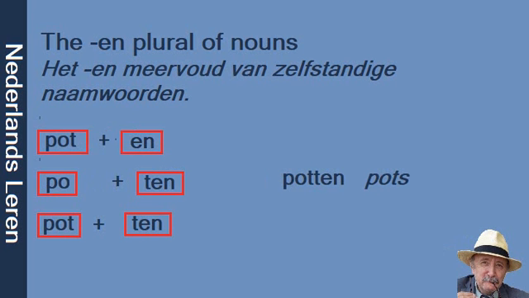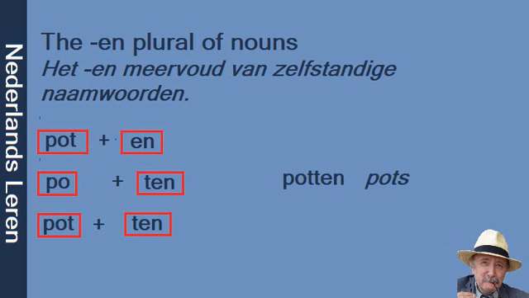Here we have a noun, pot, a kettle, or a pot, or pots. If we add -en at the end and read the result, we see poten. Why?